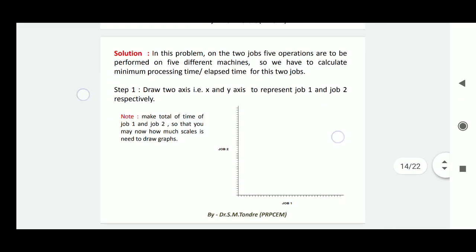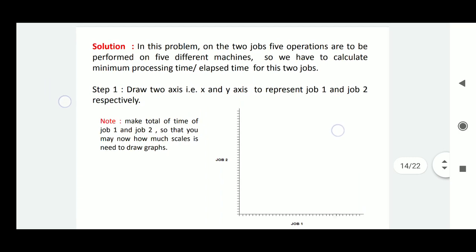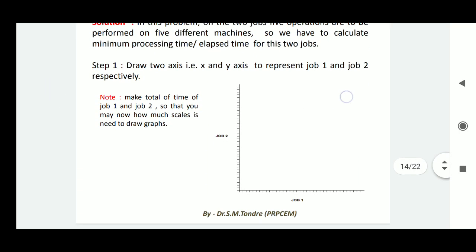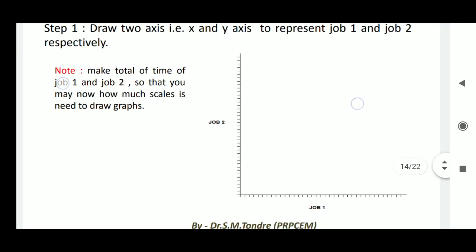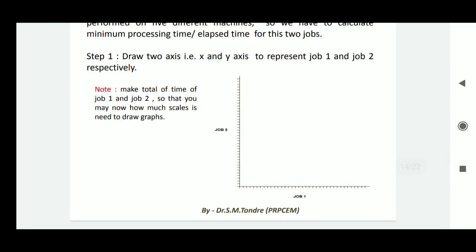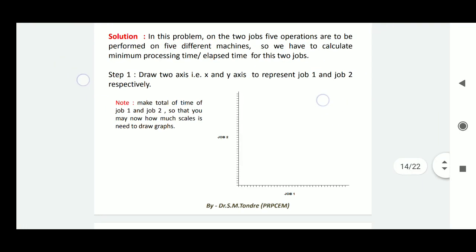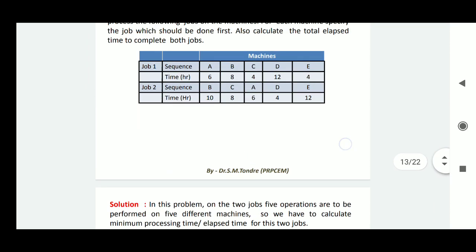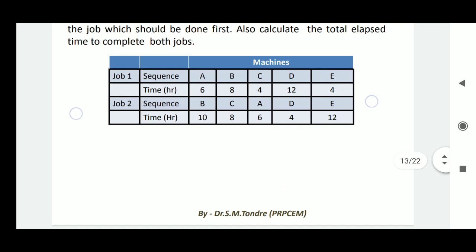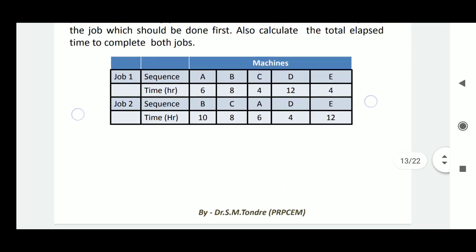In this problem, use graph paper, and firstly take the x-axis as job 1 and the y-axis as job 2. This is the first step. Before doing this, first make the total of the timing of job 1 and job 2 on the 5 machines.